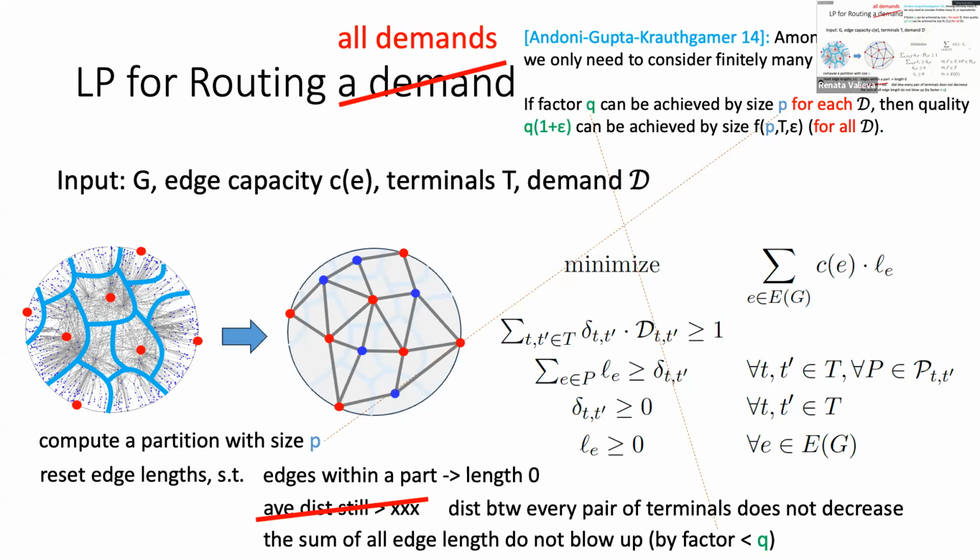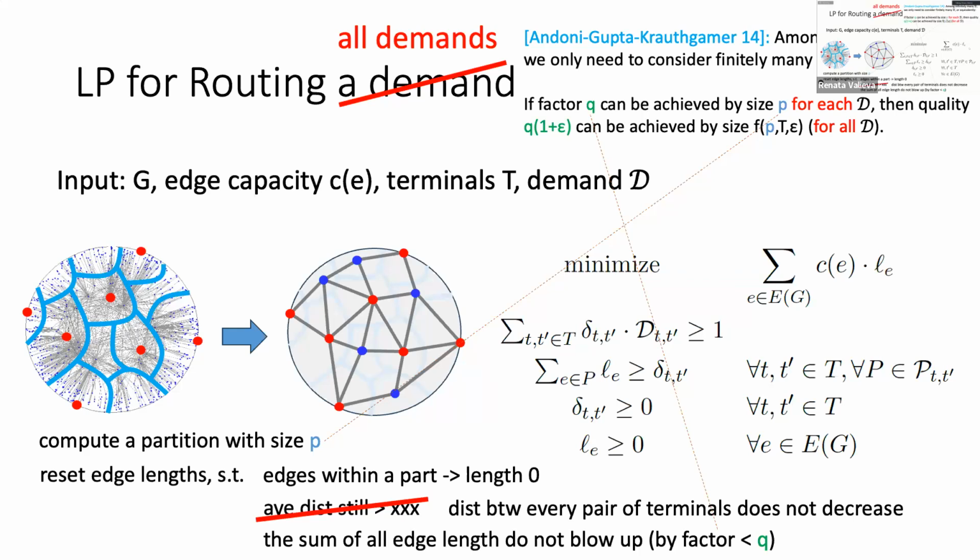There's only a finite set of demands. If factor Q can be achieved with set T for a single demand, then a factor Q times (1+epsilon) can be achieved with a size bounded by some function depending only on T.